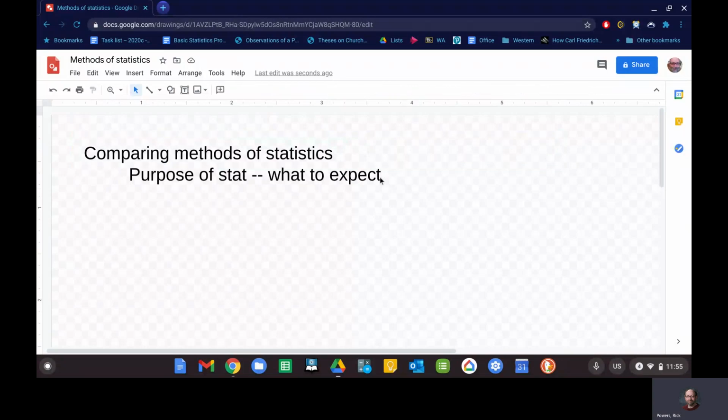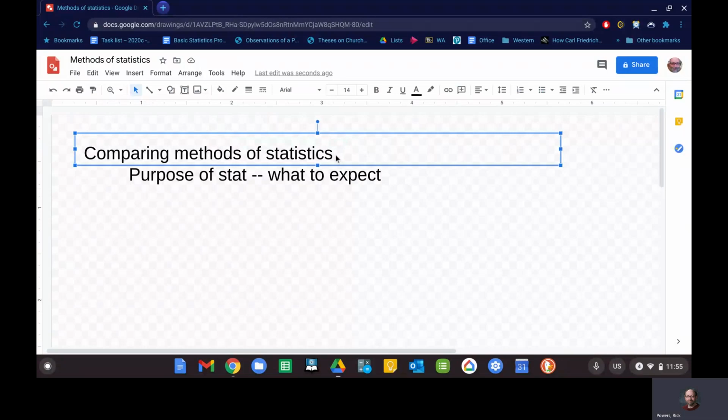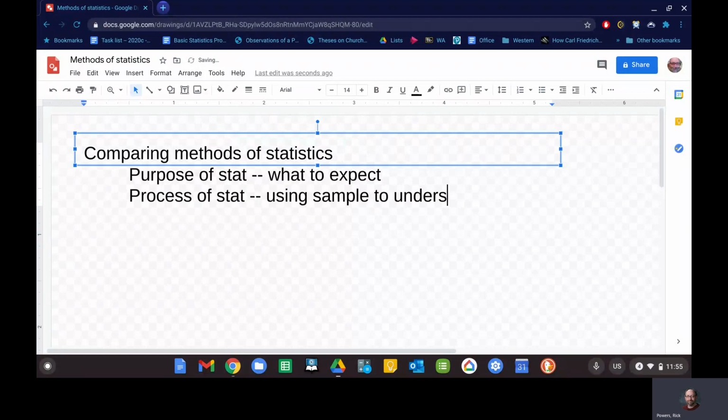And when we do this, many times we're looking at a sample which does not include all the data, and we want to understand the population. And this is called the process of statistics: using a sample to understand the population.